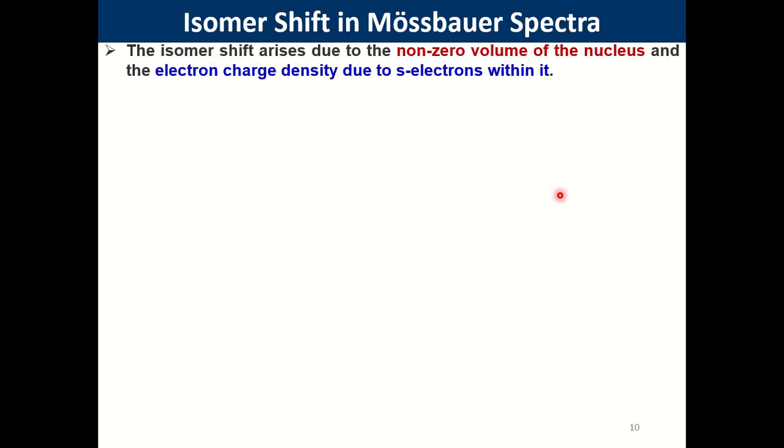So first we start with the isomer shift. Isomer shift arises due to the non-zero volume of the nucleus and the electron charge density due to s electrons within it. For s orbitals, there is maximum electron density at the nucleus.